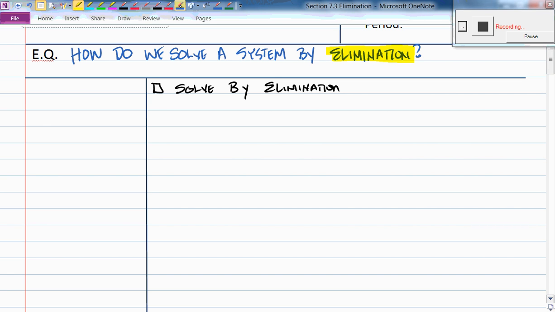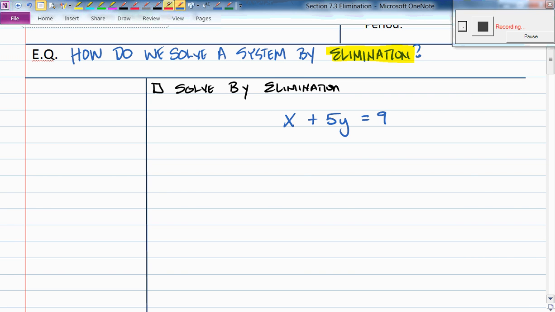And here's the first example. The first equation in the system says x plus 5y equals 9. That's the first one. Go ahead, write that part down. That's our first linear equation in our system.